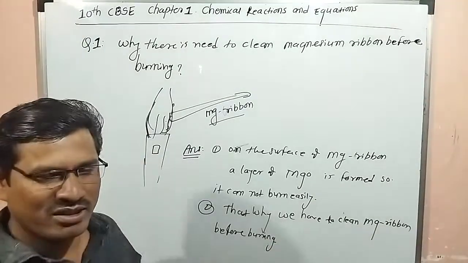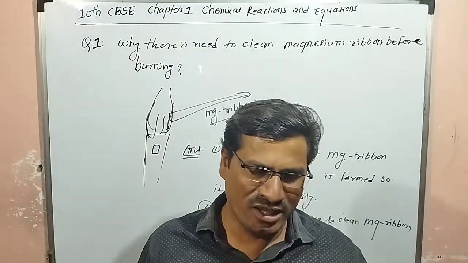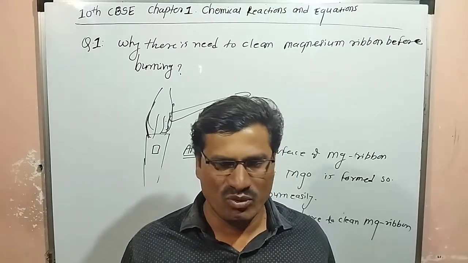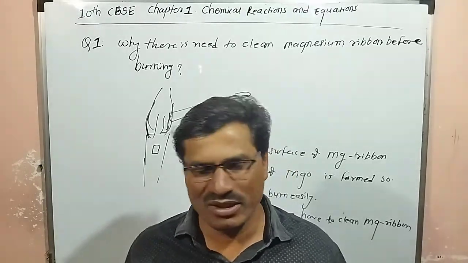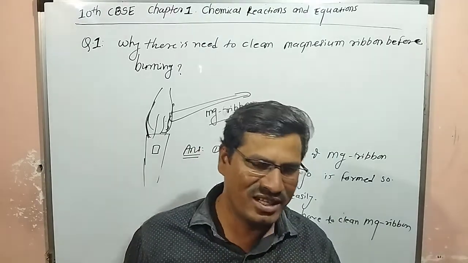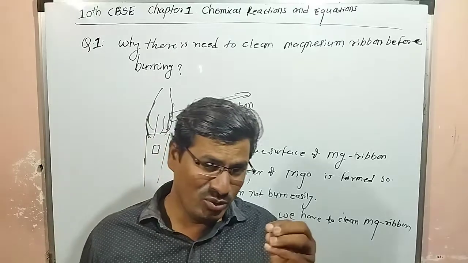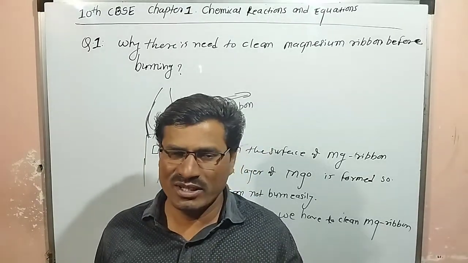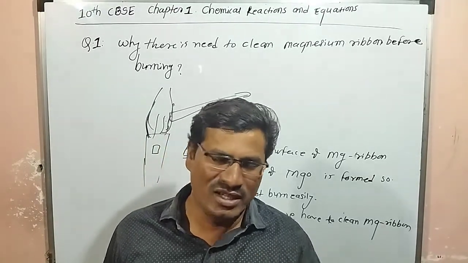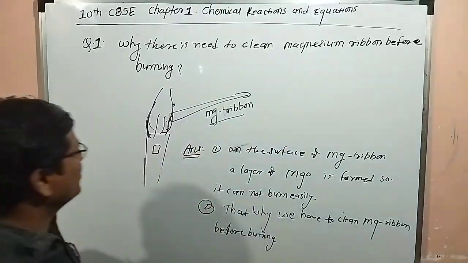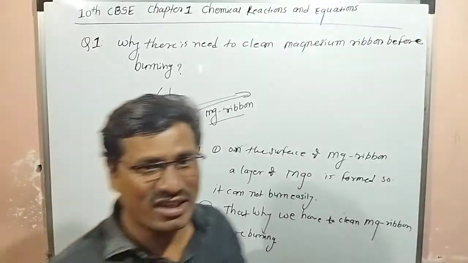If you clean the magnesium ribbon, the magnesium oxide layer will get removed. If you clean it with sandpaper, the layer will get scratched off and it will burn easily. If you do not clean the magnesium ribbon, then due to the magnesium oxide, it will not burn easily.